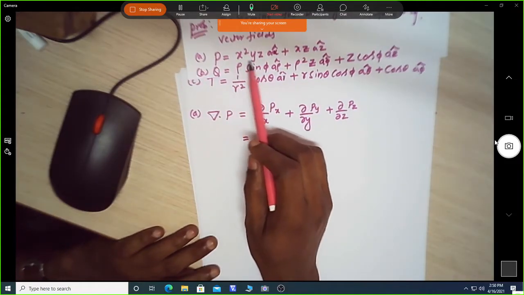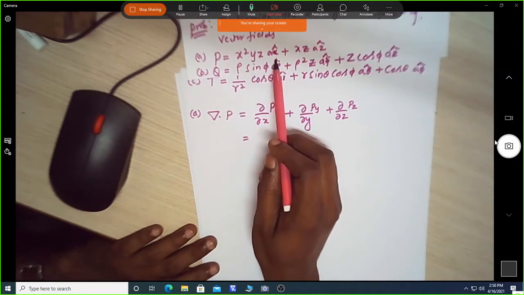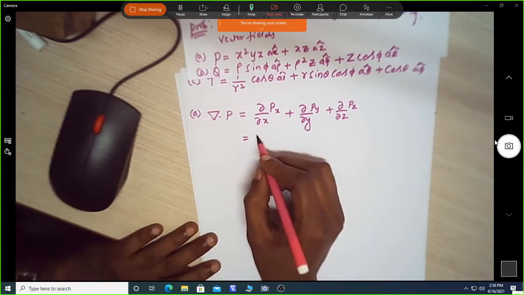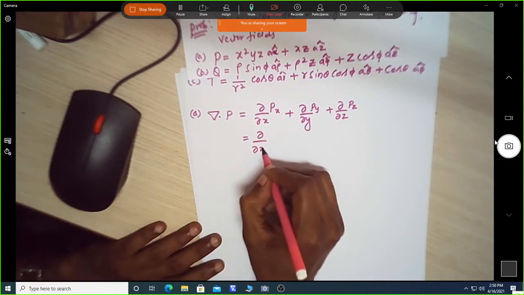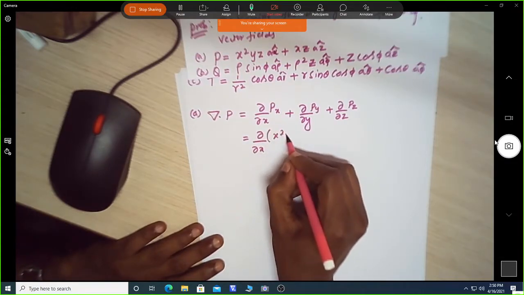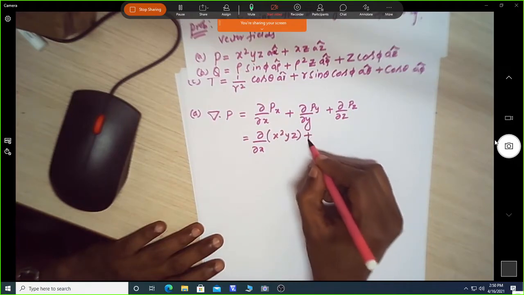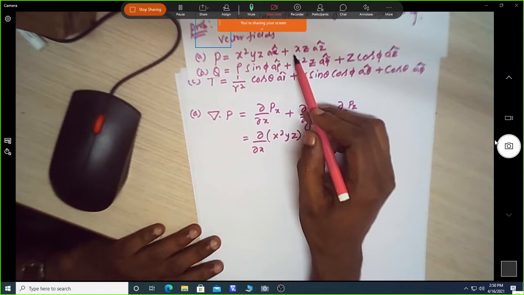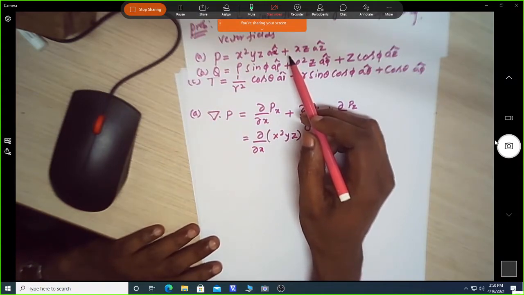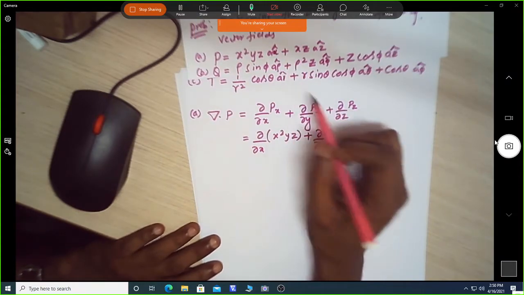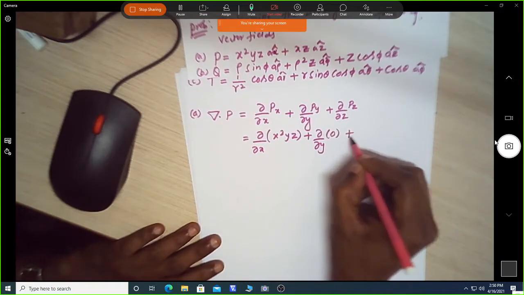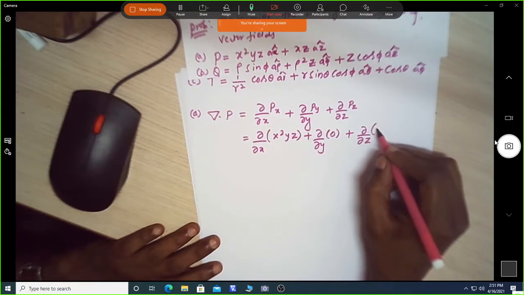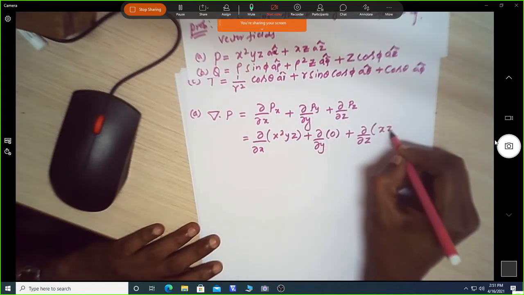That is x square yz, in the ax direction. Now differentiate del by del x of x square yz, plus the y component. What is the Py component? There is no ay unit vector, right? It is 0. And similarly del by del z of the Pz component, which is xz.